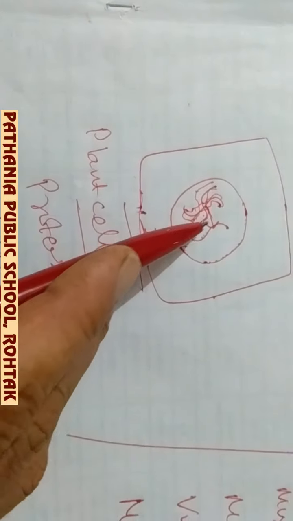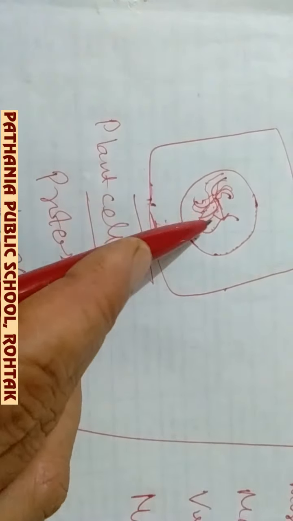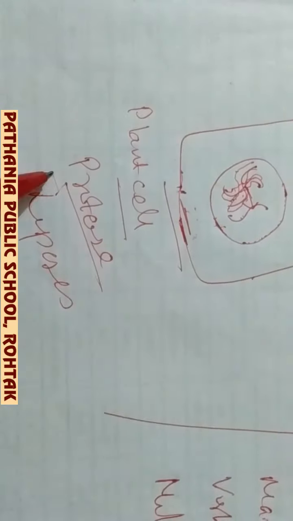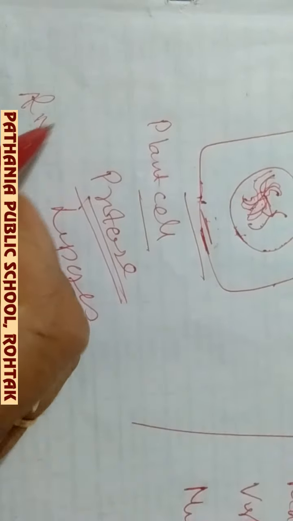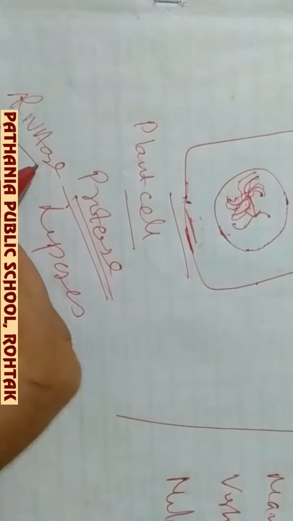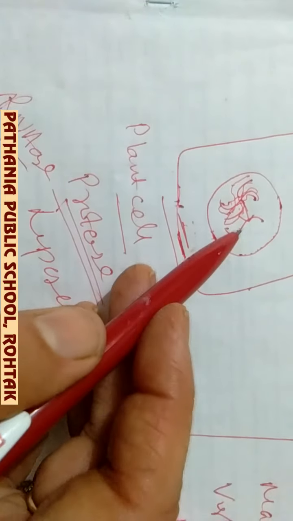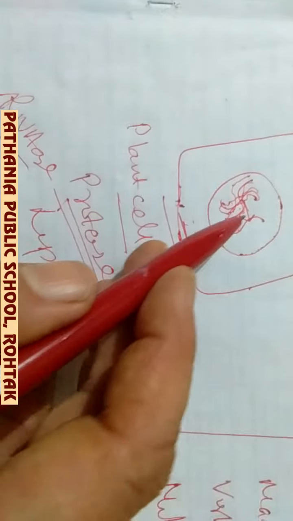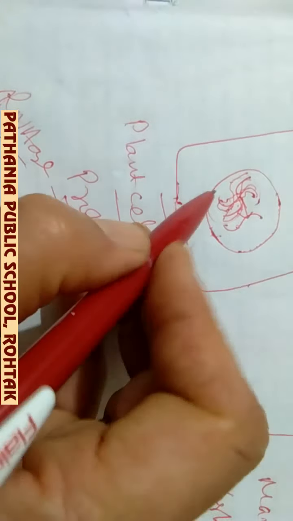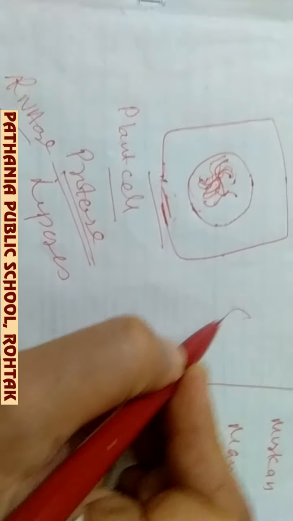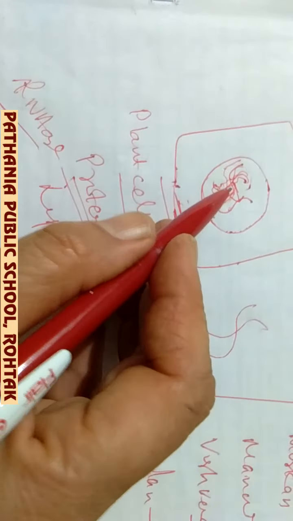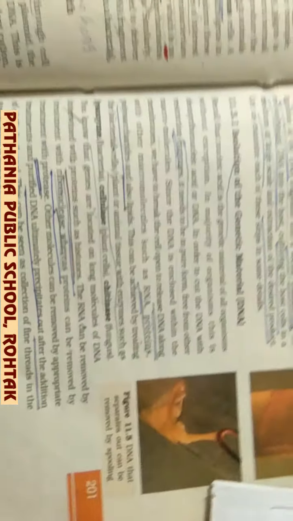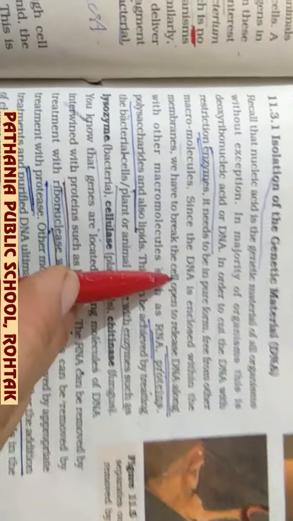Now the proteins which are bonded with the DNA can be dissolved by the proteases, and there is one enzyme, RNase, which will separate the RNA from the DNA. So this DNA will now be separated out from the membrane, from protein, and from RNA. This complete process is called isolation of DNA.